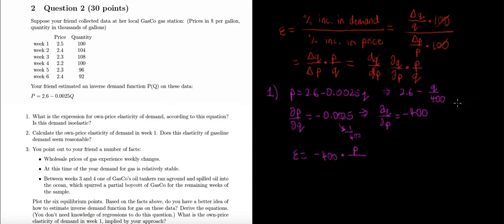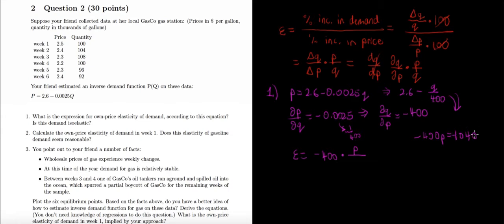So solving for Q, we can multiply everything by negative 400. So we get negative 400P equals, we multiply 400 by 2.6, and we get 1040, negative 1040.